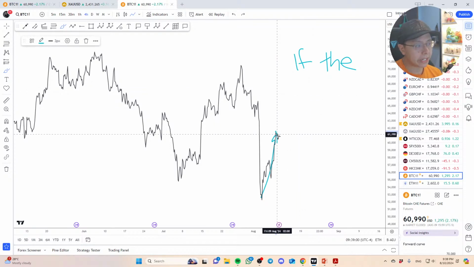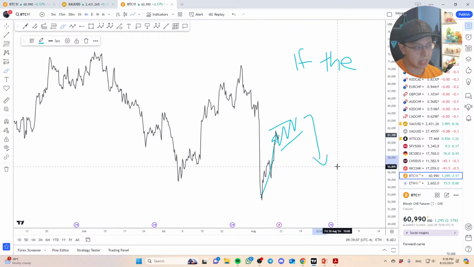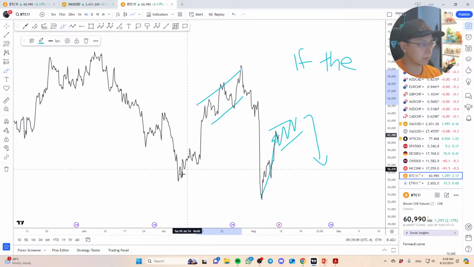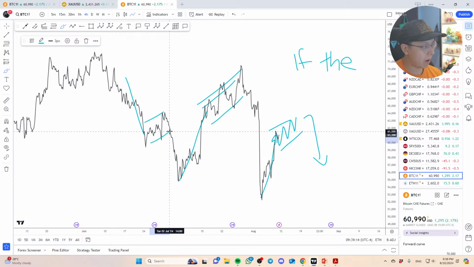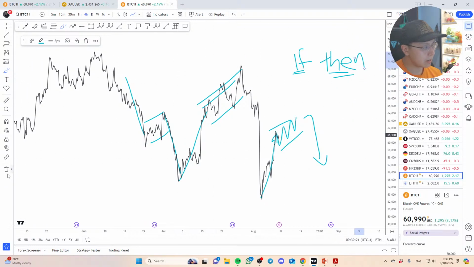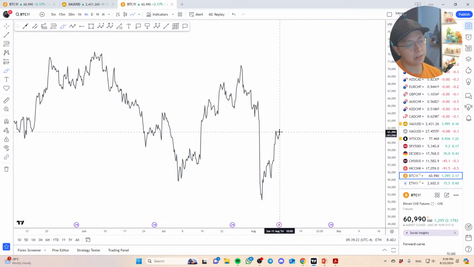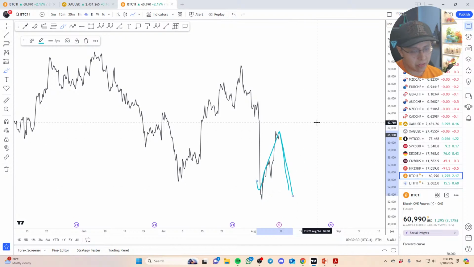If the market gives me a crawl, then I'll be focusing on the reversal. If-then, right? Why? Crawl. Look at this. Impulse, crawl. Very clear. Impulse, correction, downside. Okay? So if-then. Now, again, same thing: if the market comes down fast, this is a V shape, then I don't do anything. Okay.